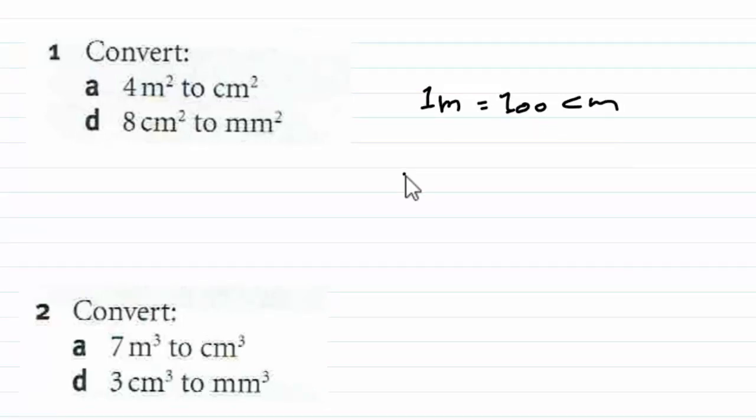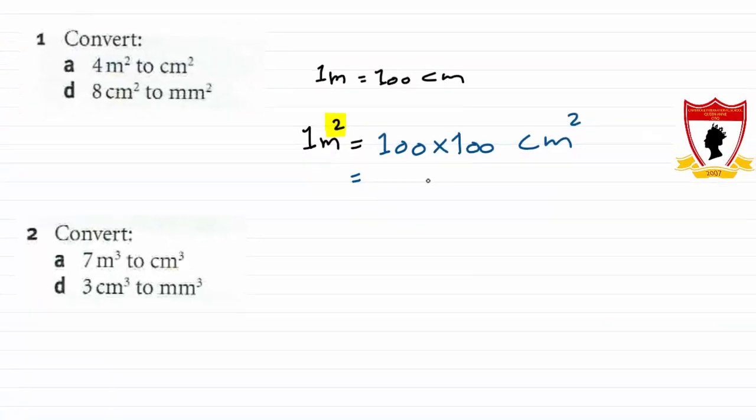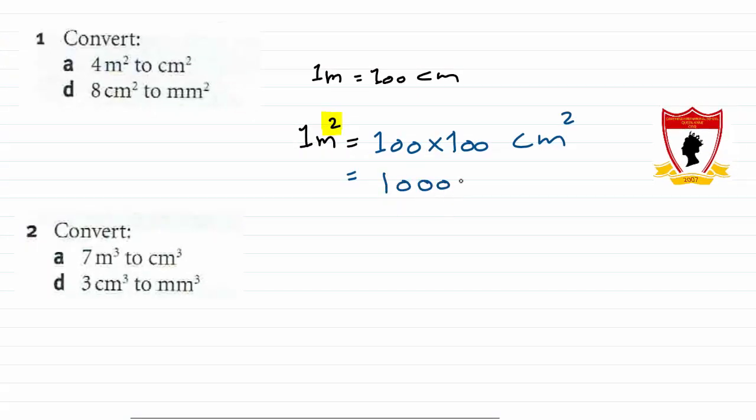When the meter becomes square, because of this 2, we need to write 100 twice: 100 times 100 centimeter square. 100 times 100 is equal to 10,000. So always 1 meter square is equal to 10,000 centimeters square.